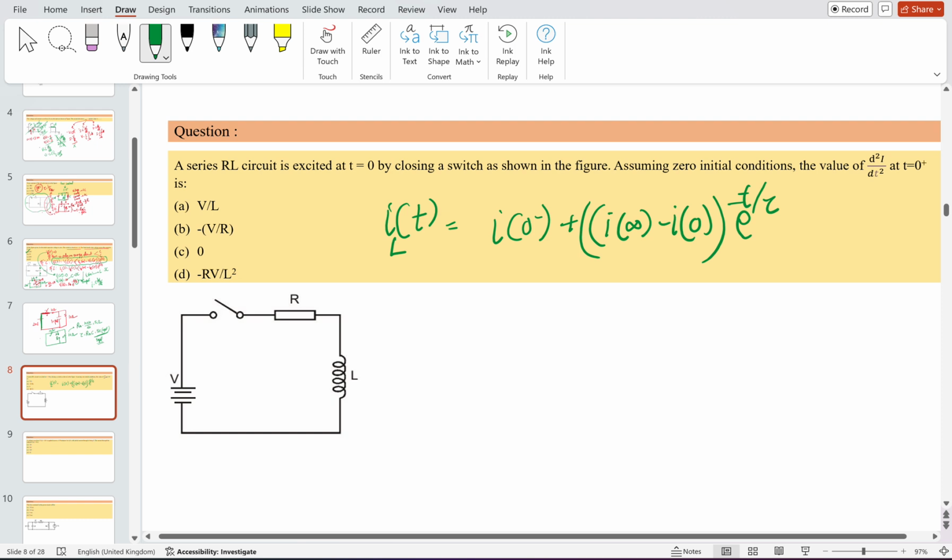In the previous class, you said I at infinity plus (I at 0 minus I at infinity) into e power minus t by tau, in the previous problem. Is the equation correct, sir?